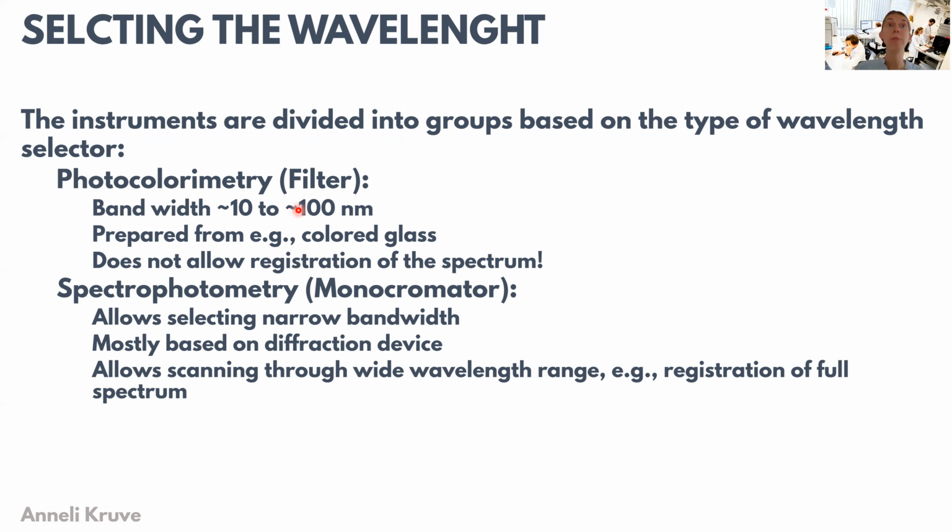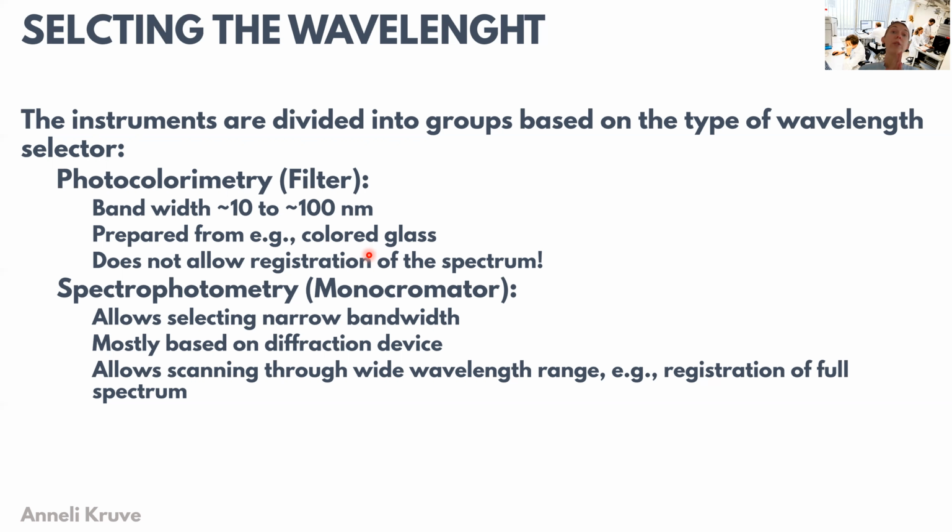In photocolorimetry, we use filters, and these can be, for example, colored glass filters if we deal with the visible range. Essentially, they absorb light everywhere, but not in a relatively narrow band range. This narrow band range, however, is much wider than for the monochromators. The narrowest ones are 10 to maybe slightly below 10 nanometers and can be up to 100 nanometers.